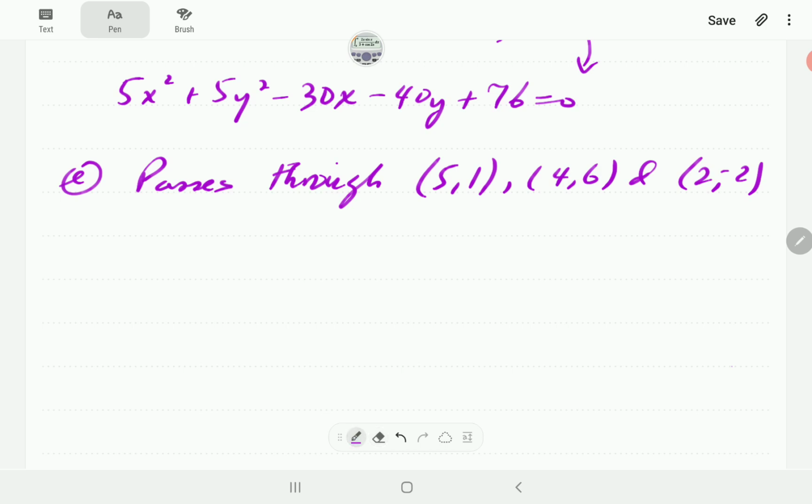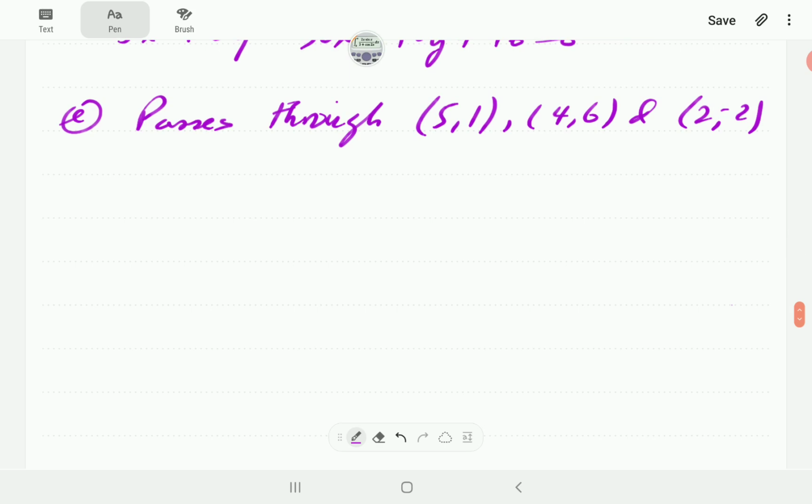of the circle. You can use the standard form as well. So we're going to start off with the equation x squared plus y squared plus ax plus by plus c equal to 0, where a, b, and c are unknown constants. So then, since the circle goes through these 3 points, it means the equation is going to satisfy each of these 3.